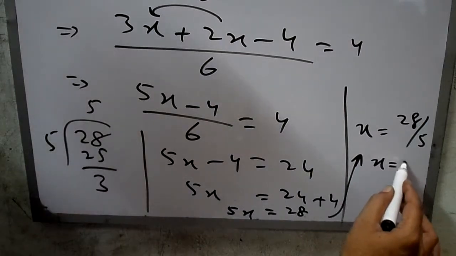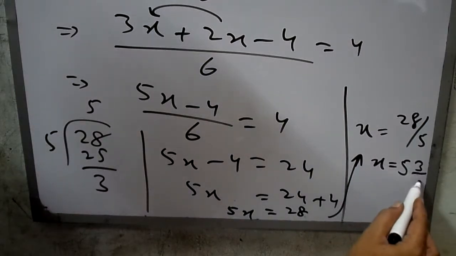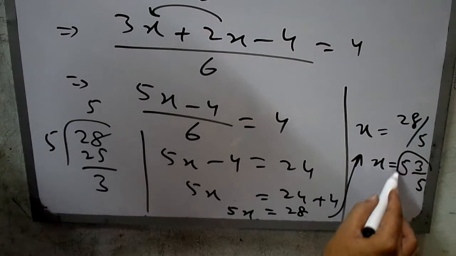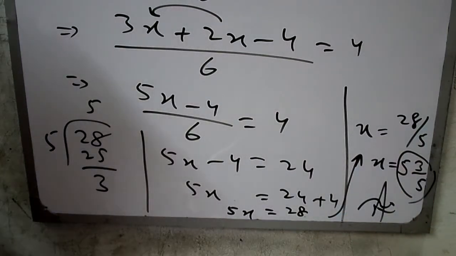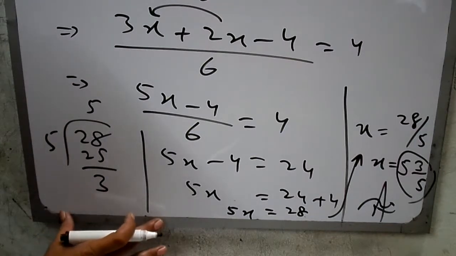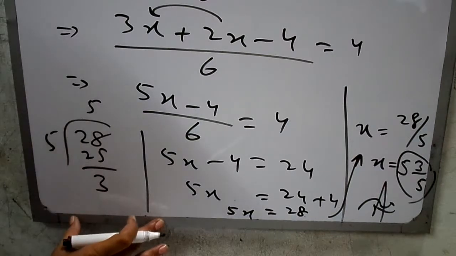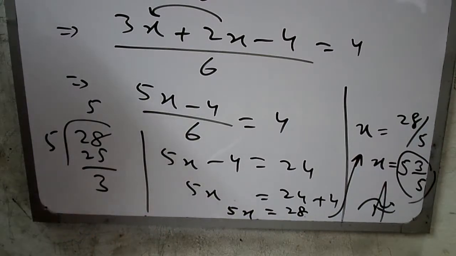So 5 whole 3 by 5. So that is your required result. Now coming to the next part, that is E part.